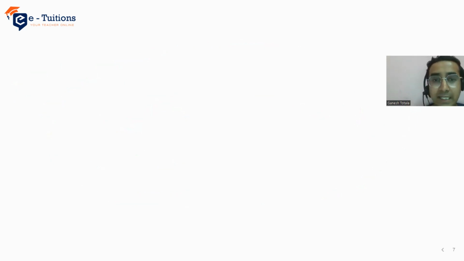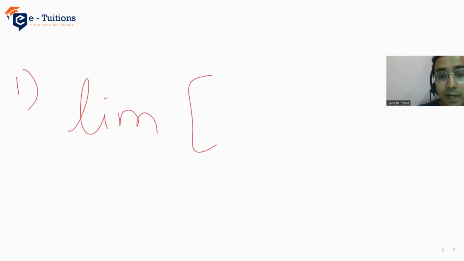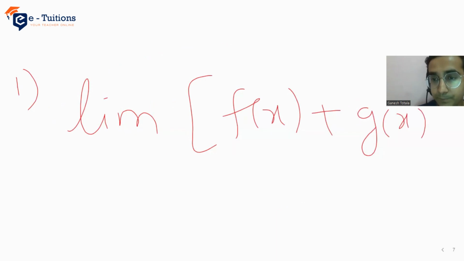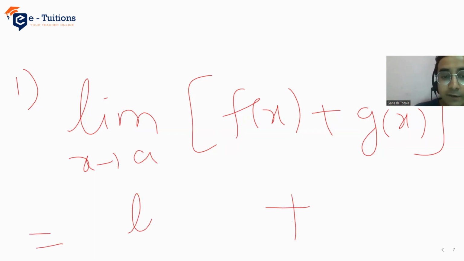Now let's see some theorems in limits. Theorems in limits are very simple. The very first theorem is: suppose we have two functions, f of x and g of x, then the limit of the addition of the two functions as x is tending to a is equal to the addition of the individual limits.